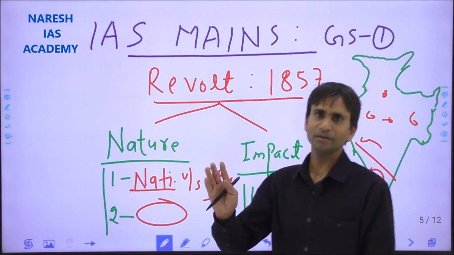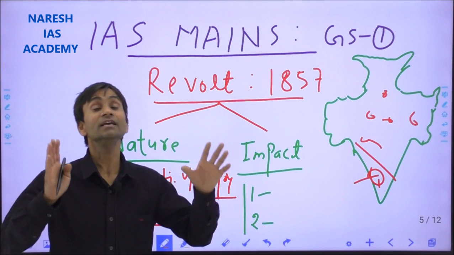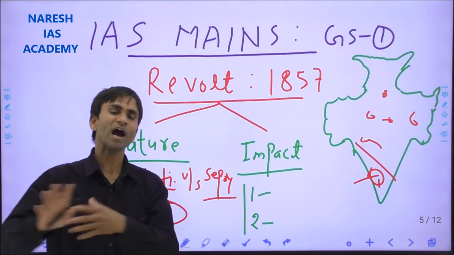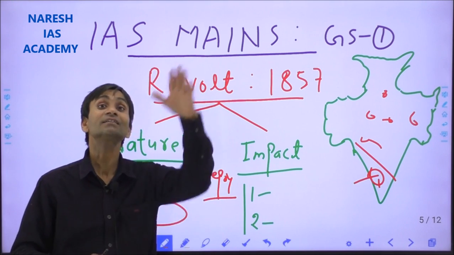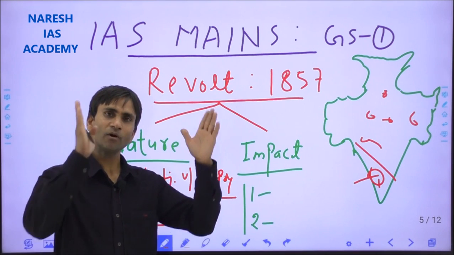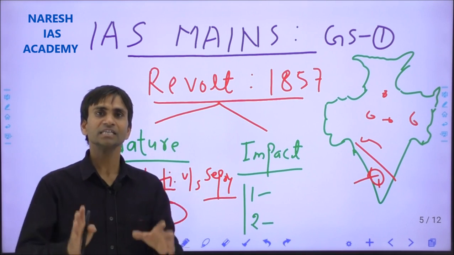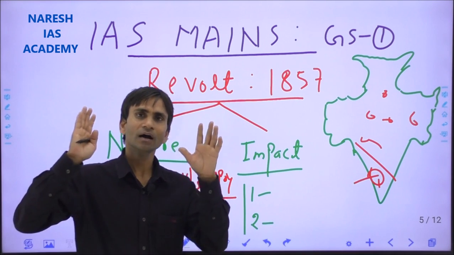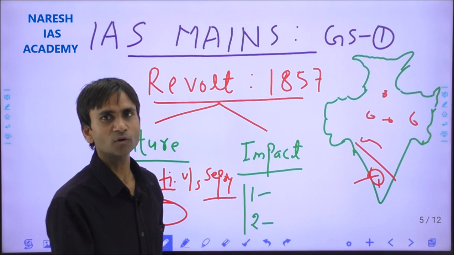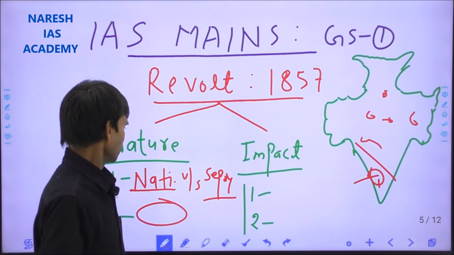Simply they were fighting for saving their geographical territories, either acquired by the British government or under threat. So to say sepoy mutiny would be equally unjustified for the other classes or sections who were the main participants of the revolt.